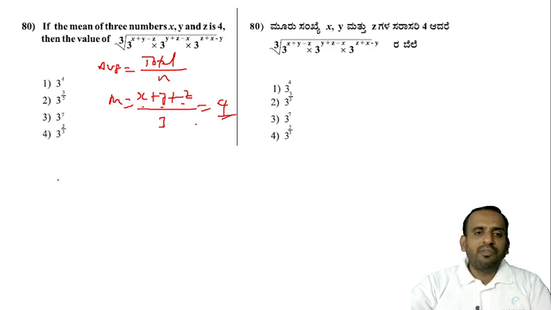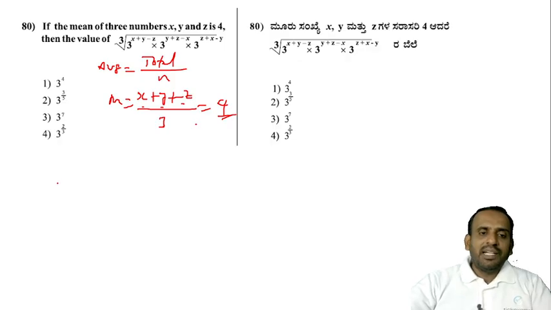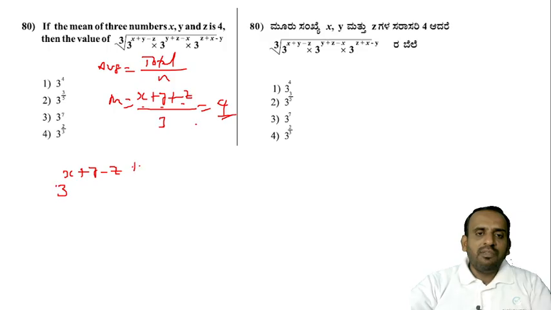Now inside the bracket what we have? We'll write the bracket later. As of now we will see what is inside the bracket. 3 into 3 into 3. So same base we have. Then in the first exponent x plus y minus z, and in the second we have plus y plus z minus x, and third one I have plus z plus x minus y.